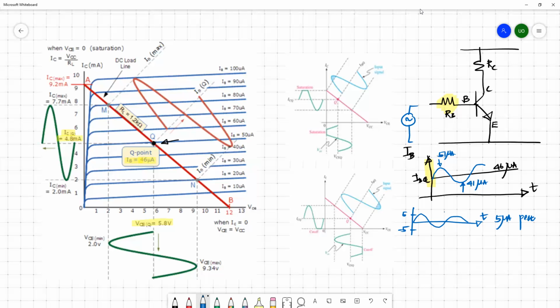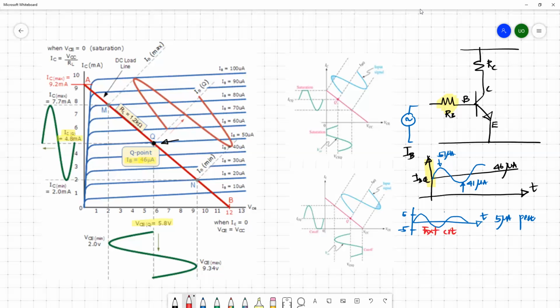So this is the current actually fed into the base once we consider the external input. This is the external current. Let's assume it comes through a microphone. Based on the tone we generate at the microphone, it induces a sinusoidal waveform which has a magnitude of 5 microampere peak.